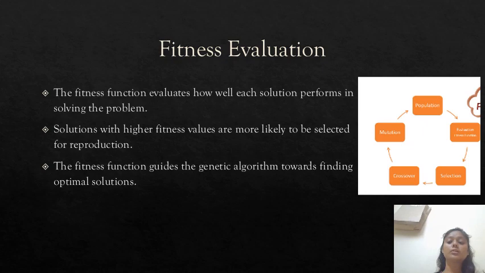In order to verify, we have a criterion called fitness. If the fitness is reached, then only those individuals will be taken for the further reproduction process. So this is about the fitness evaluation.